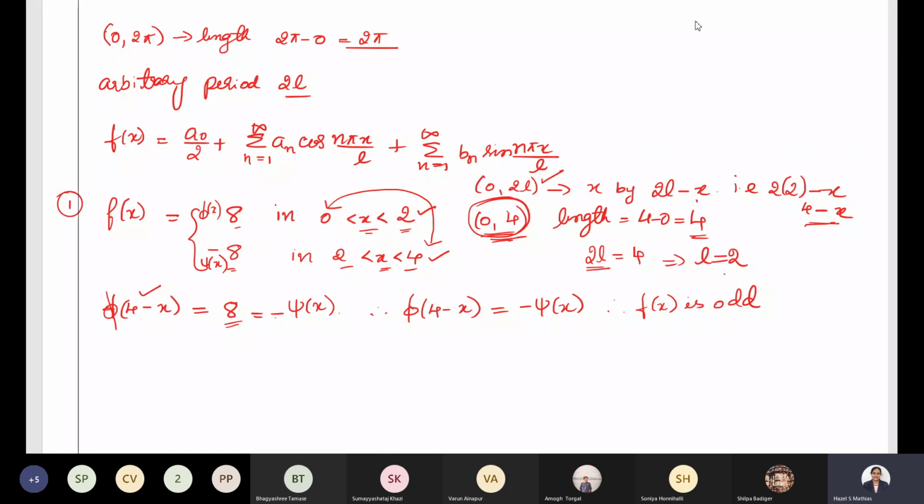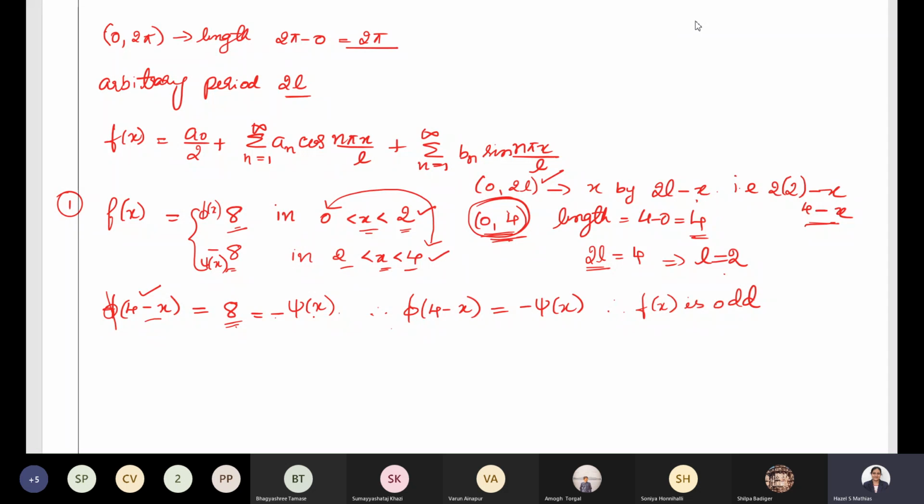Now replace phi of x, that x has to be replaced by 4 minus x. But 8 is a constant term which is independent of x, that's why phi of x remains as it is, which is the same as negative of xi of x. We have got phi of 2l minus x is the same as negative of xi of x. If so, we can conclude that the function is odd.